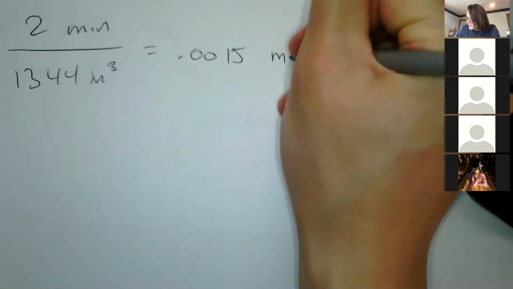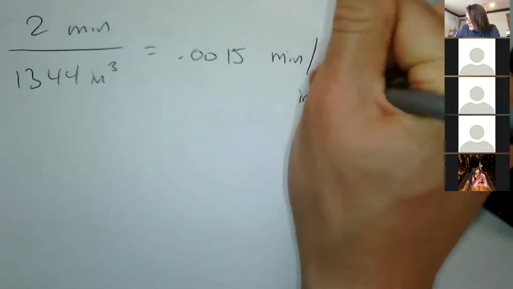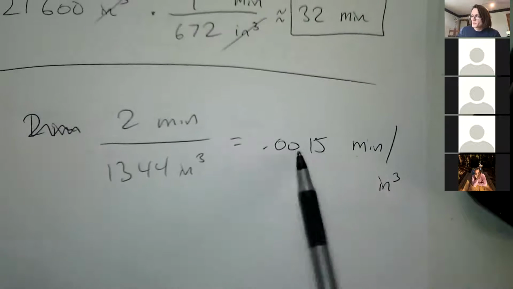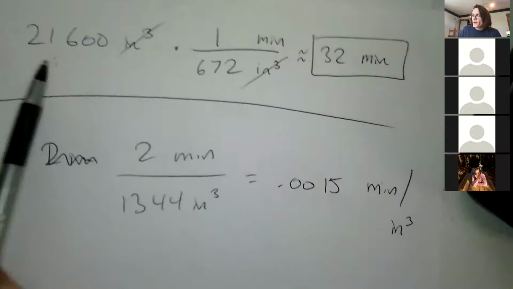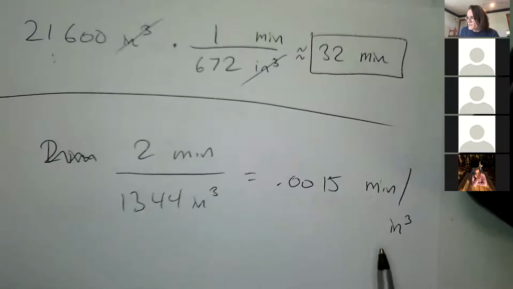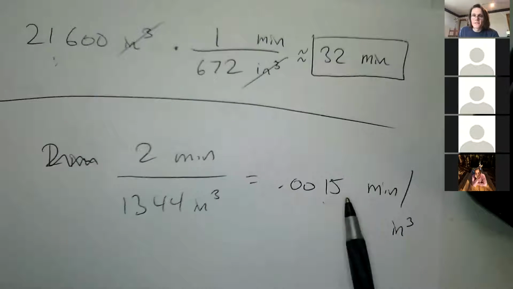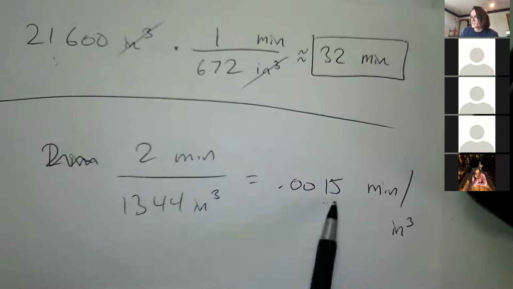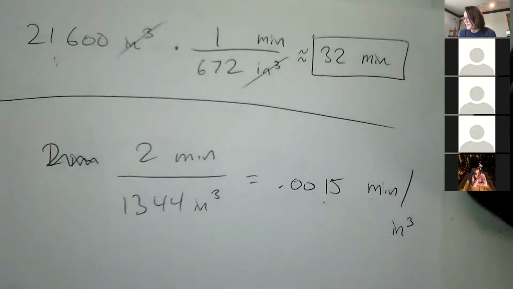This is minutes per cubic inch. So if you did it this way, you could have done the same thing, and then you would take this number and multiply that by 21,600. What this represents is the amount of minutes it takes to fill 1 cubic inch. So there's a couple ways to do these problems, assuming you interpret the way you're doing them correctly, right? And then again, if you take this number and multiply by 21,600, you also should get about 32.